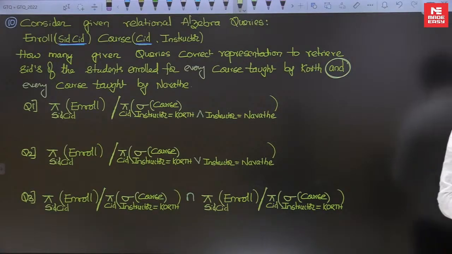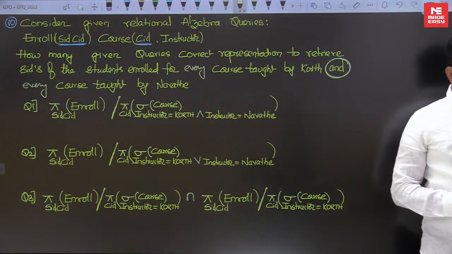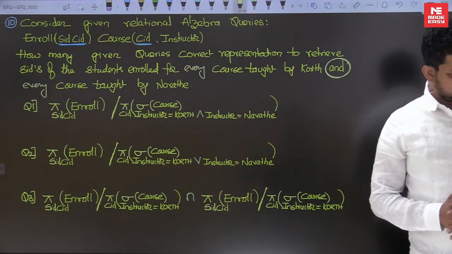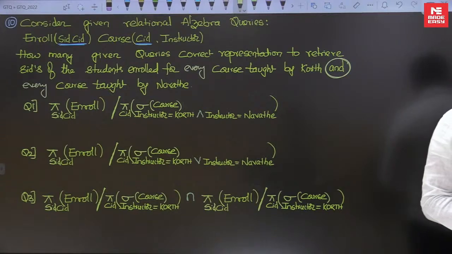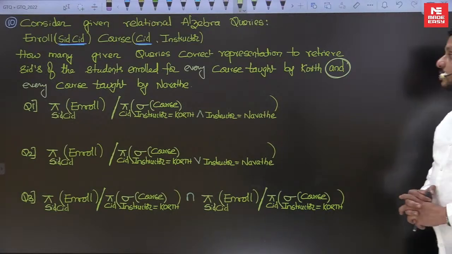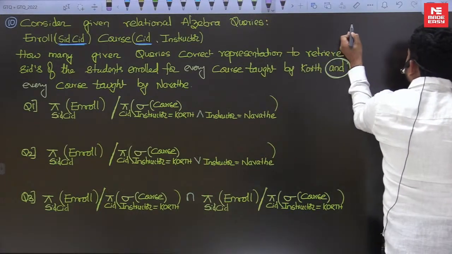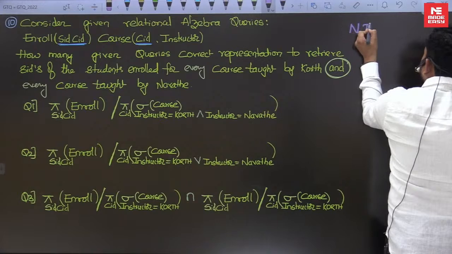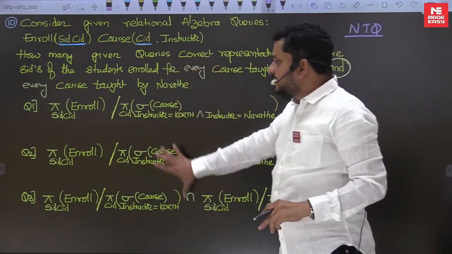Swaroop, thank you. It's a normal code only, nothing much. The question is how many of the given queries, three queries are given, are correct. It's a numerical type question.